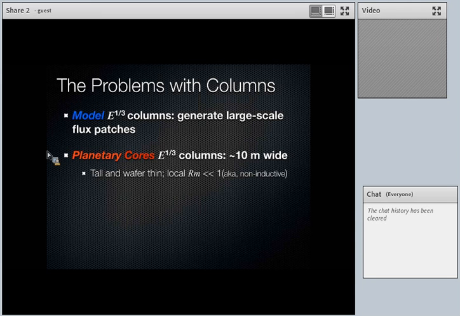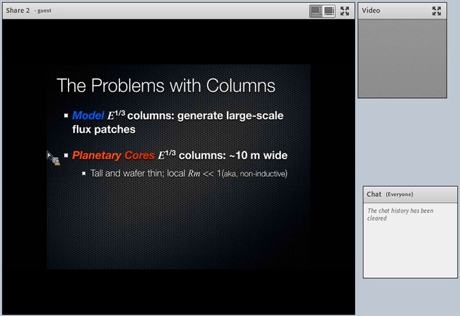So one of the fundamental problems with columns in the models is this. First of all, they were great in the models. These Ekman to the 1/3 scale columns are able to generate large-scale magnetic flux patches, and they do a marvelous job. The issue is when you try to extrapolate that same argument to a planetary core, that same Ekman to the 1/3 scaling predicts columns that are about 10 meters in width.